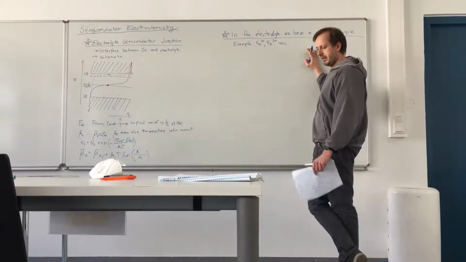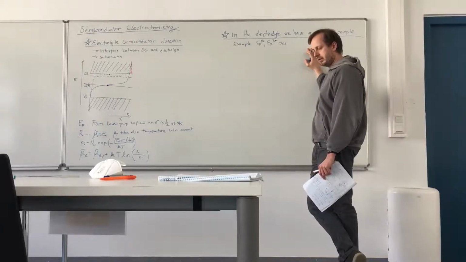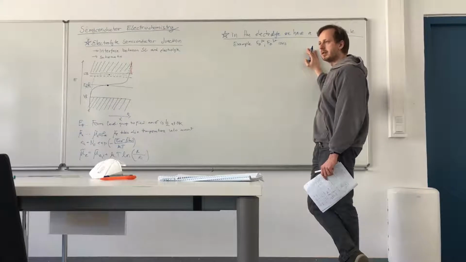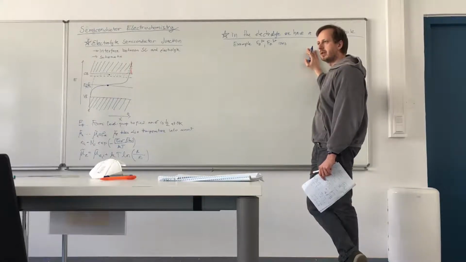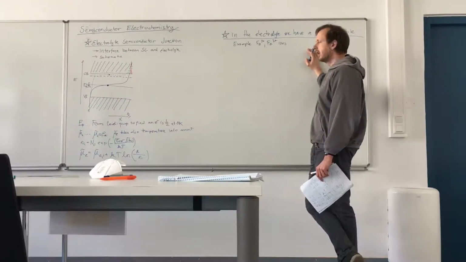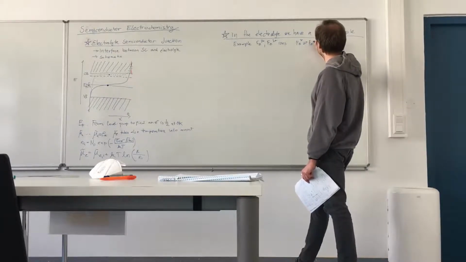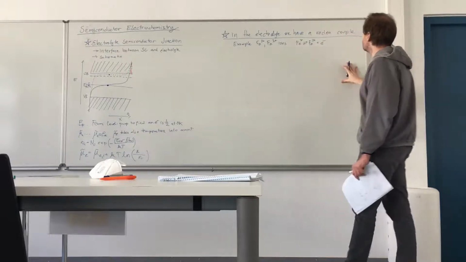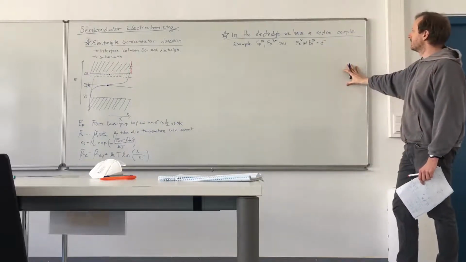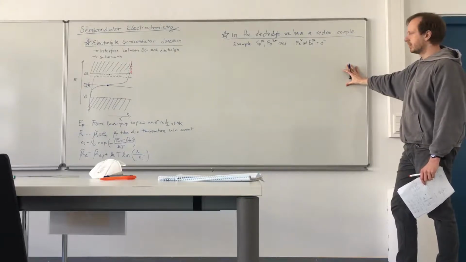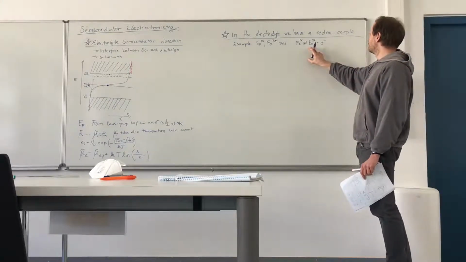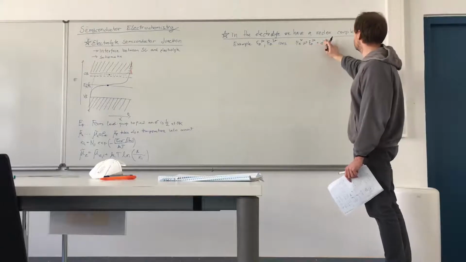So if I have a solution, let's say water, and I dissolve iron 2 and iron 3 salts in the solution, then there is an equilibrium in the solution between the iron 3 plus and iron 2 plus ions. And one interpretation is they always switch the states.